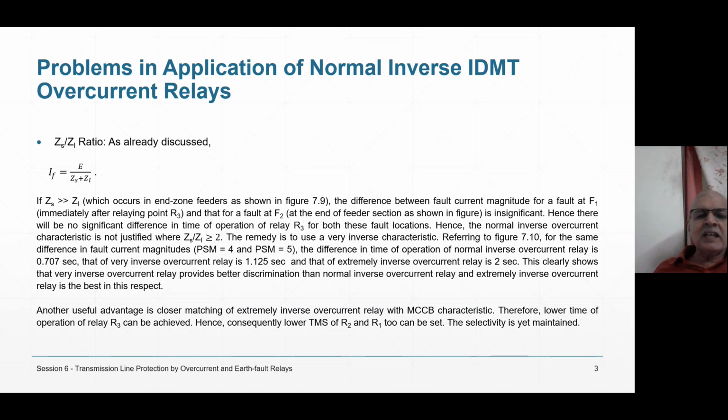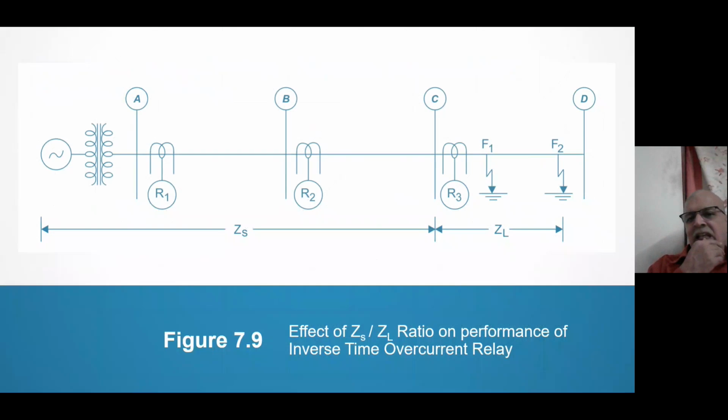So let us take the first possibility. If I take relay R1, ZS is small. For relay R2, ZS is large because it is from source to relay R2. But for R3, it is very large. So ZL is so small with reference to ZS that you can ignore ZL with reference to ZS. So the fault current will be practically equal to E upon ZS.